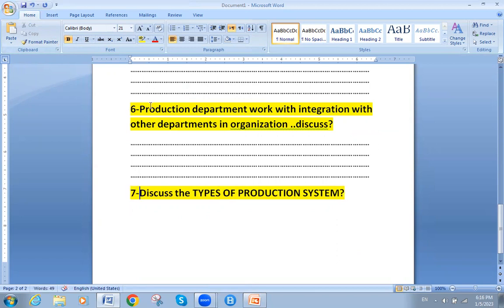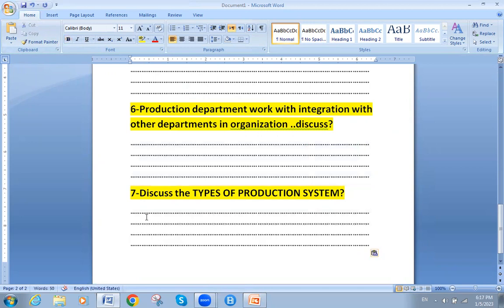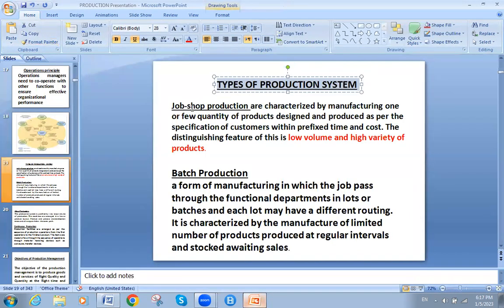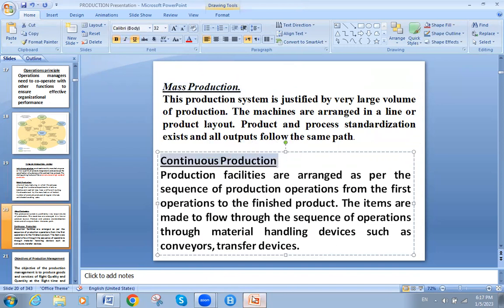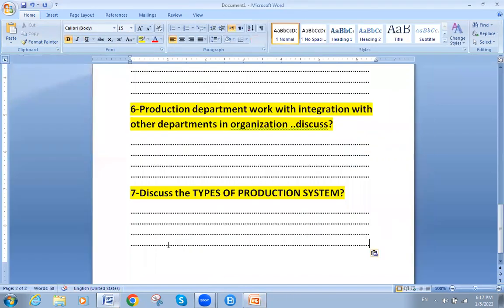We have two questions today: the production department, and discuss the types of production as well. Like we said, we have four types: shop job, batch production, mass production, and continuous production. This is the answer to the question on the types of production systems.